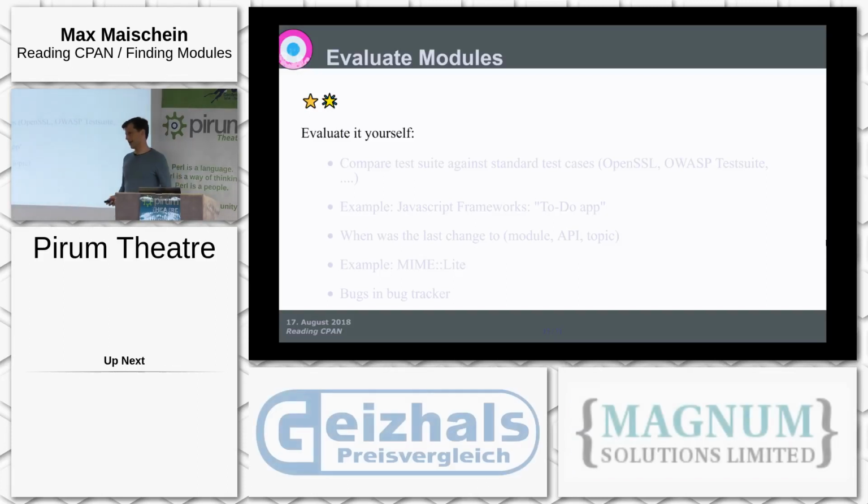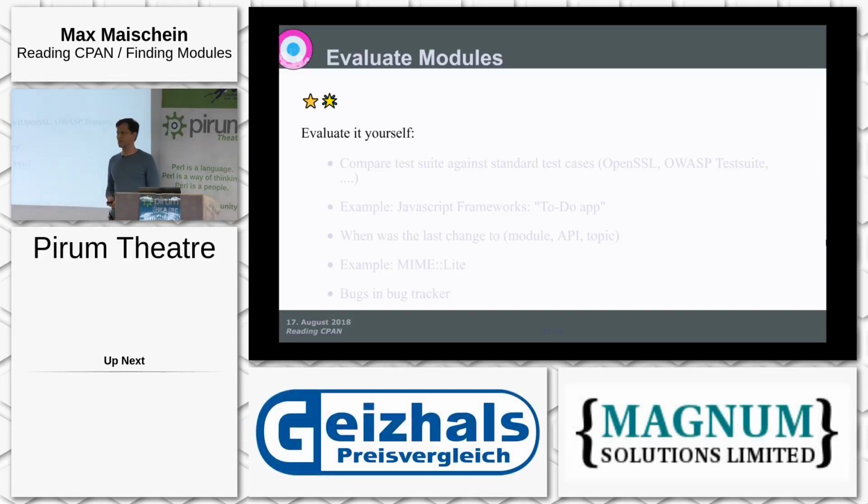Then comes this step of actually evaluating the library itself, comparing the test suite of the library against, if you have found anything like that, the standard test cases, for example, for some web framework that claims to do secure HTTP forms or safe HTTP forms.